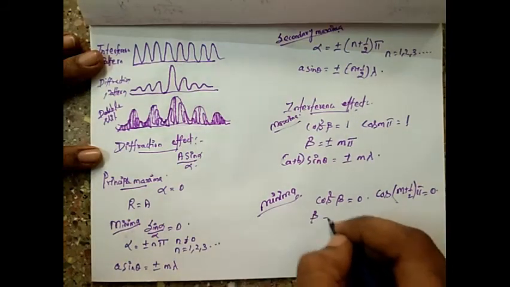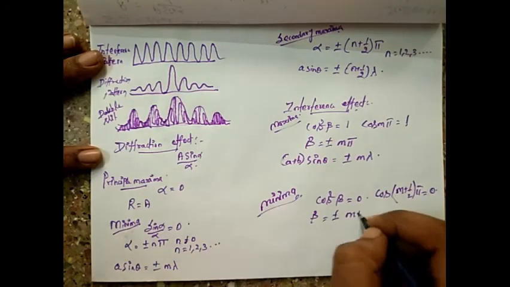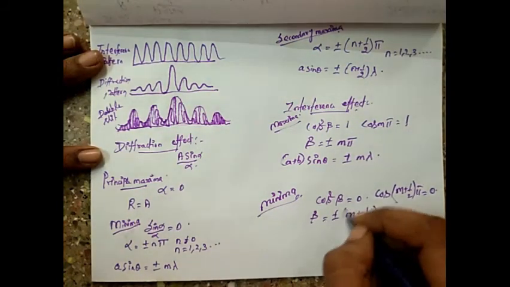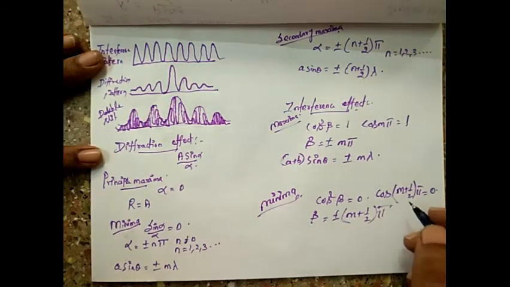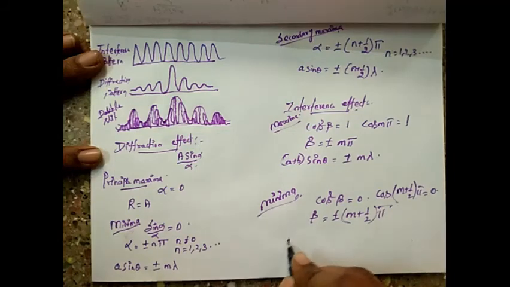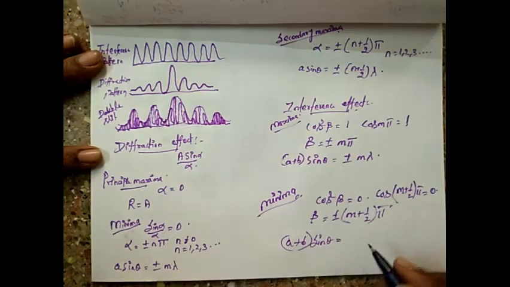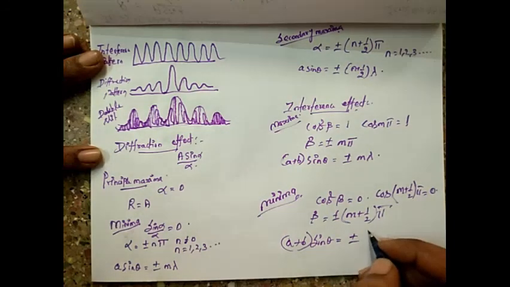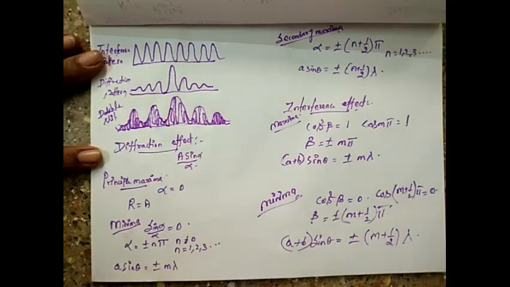It means that beta is equal to plus or minus m plus 1 by 2 pi. So here a plus b sin theta becomes plus or minus m plus 1 by 2 lambda. Thank you.